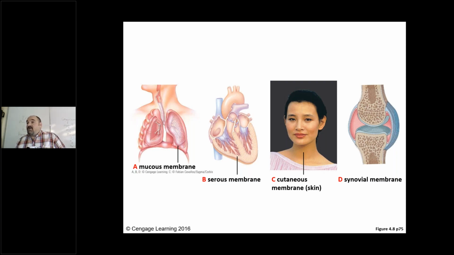Now, can the coverings of the different organs become inflamed? Can there be infection? Yes, absolutely. That's not good stuff. Cutaneous membrane, again, you're seeing an image of skin, and then that synovial membrane. This synovial membrane lines this synovial joint, which is a hollow joint, and the synovial membrane is producing this fluid that's present within the joint.